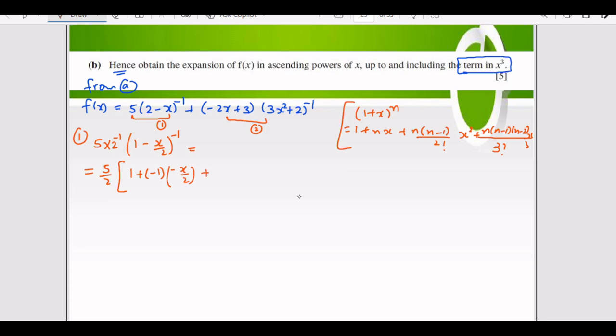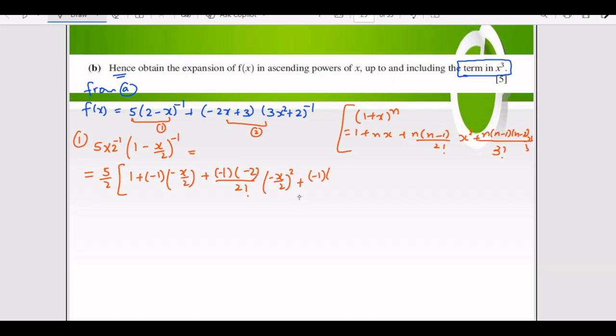Then plus n, which is negative 1, and n minus 1 becomes negative 2, over 2 factorial, and instead of x we have x over 2 squared. Remember, we are writing one more term here. So n minus 1, n minus 2 becomes negative 3, over 3 factorial. This is going to be like this, right?